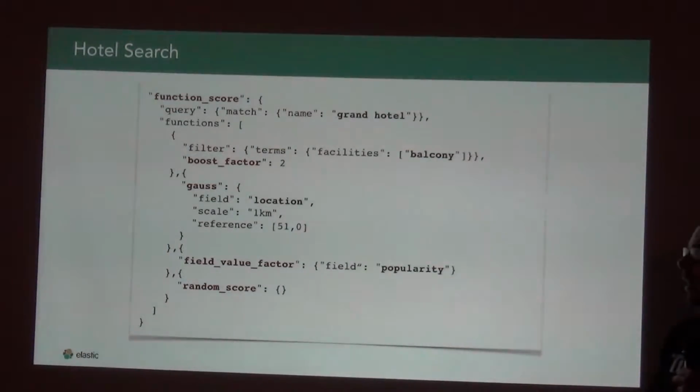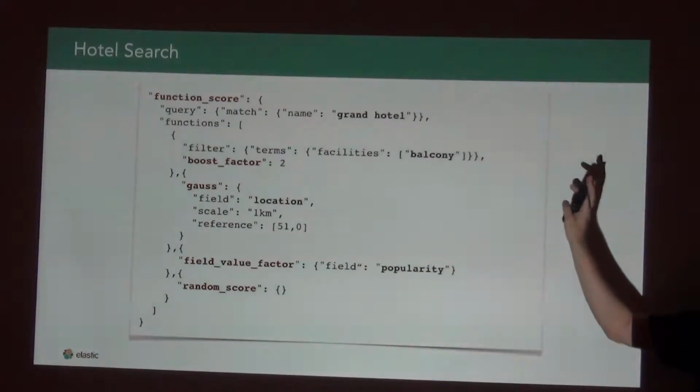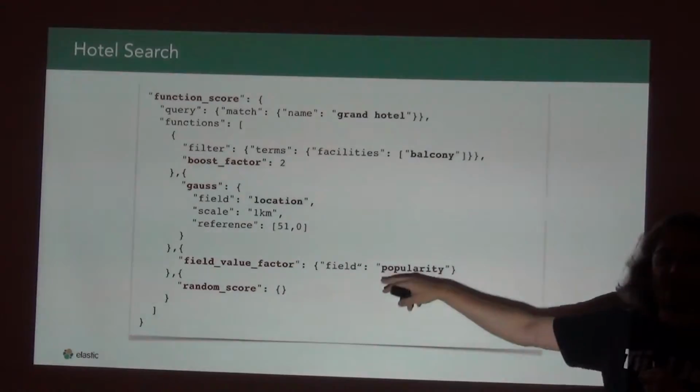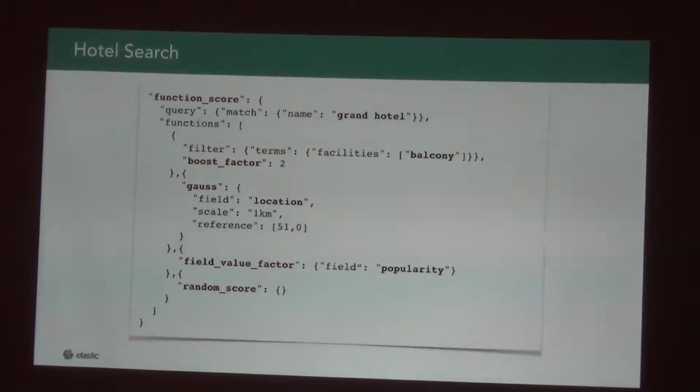And now we're done. Now all we need to do is fill in all these little numbers. For example, popularity. Do we just take the value? Do we multiply it by 1.270? Or which factor for the facilities that I prefer? Should it be 2, 3, 2.5? What is a good number? How should I combine these individual results?